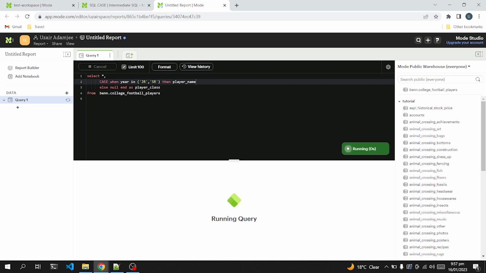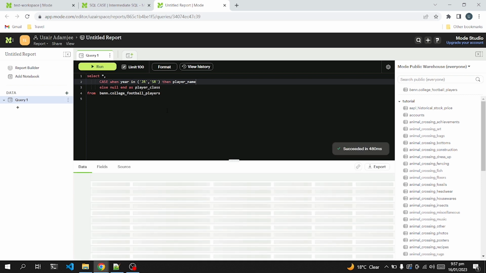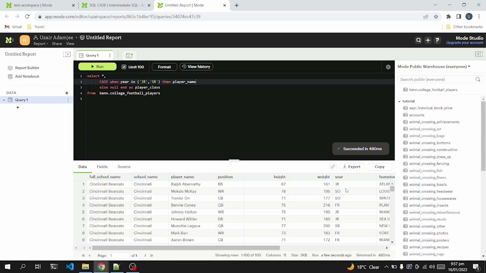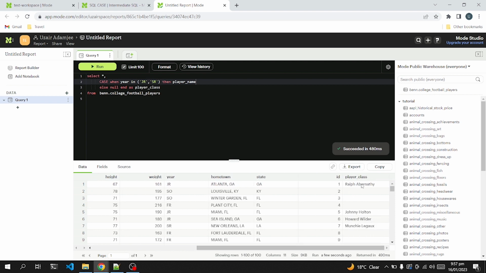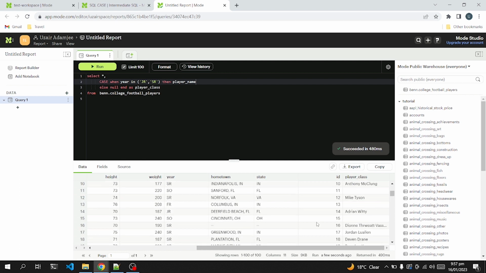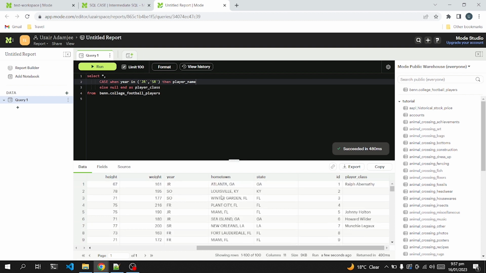Let's run it out. So this player is JR and its player name is Raf something. Same goes for SR, JR. So wherever JR or SR is coming in the year column, we can see its player name.